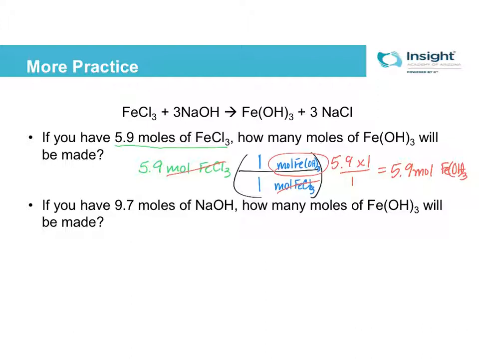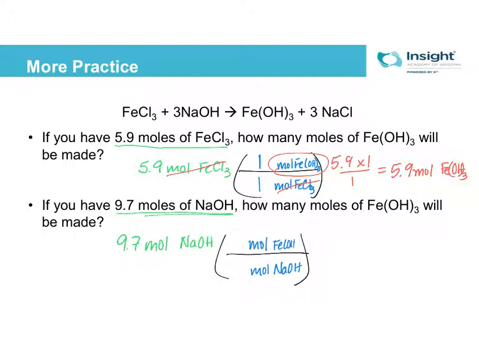But this next question, if you have 9.7 moles of NaOH, how many moles of FeOH3 will you make? This one will not be a 1-to-1 ratio. So I put 9.7 moles NaOH on the outside. Set up my parentheses. I'm going to have moles of NaOH on the bottom, moles FeOH3 on top. In front of NaOH, I have a 3.